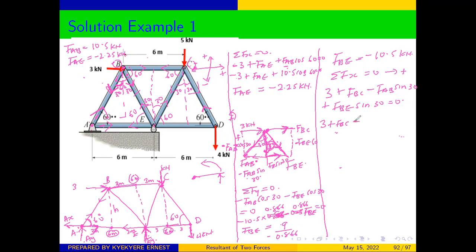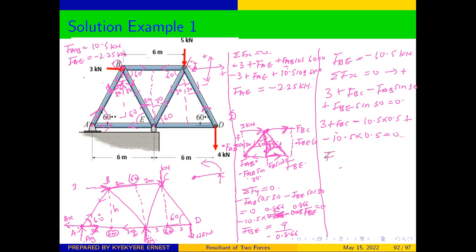minus FB is 10.5. So 10.5 times 0.5. And FBE is now negative 10.5, which will give us plus negative 10.5 times sine 30, which is 0.5, is equal to 0.